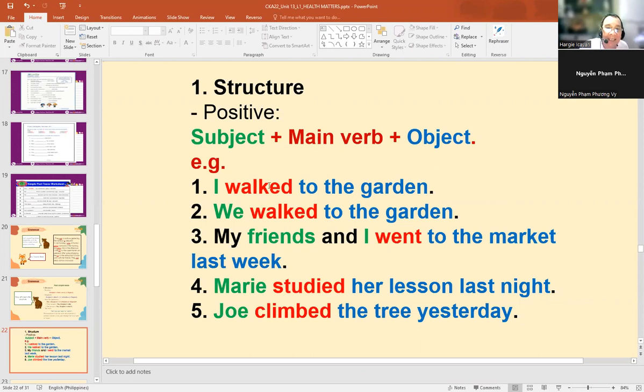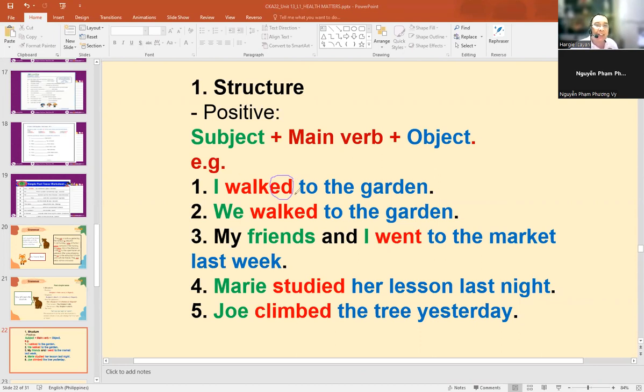As we can see in here, our main verb walked is in the past tense. Why is it in the past tense? Because we have ed. Okay.